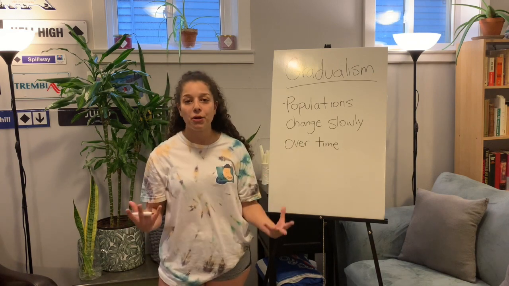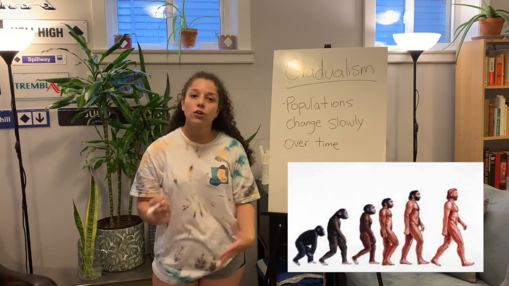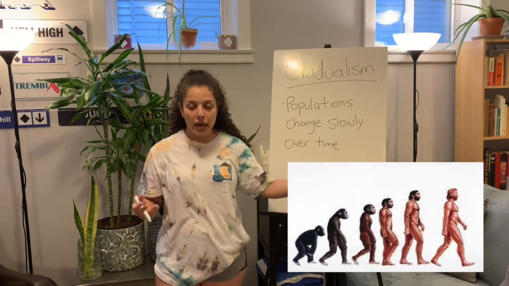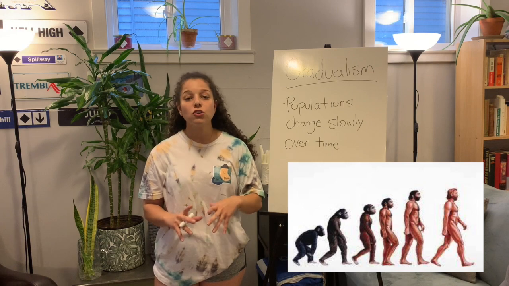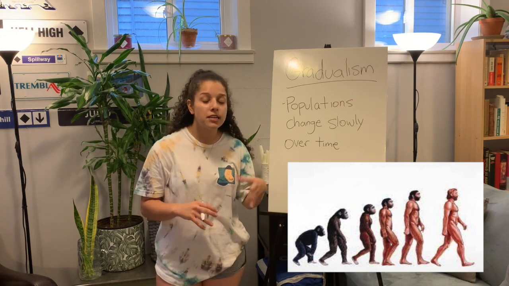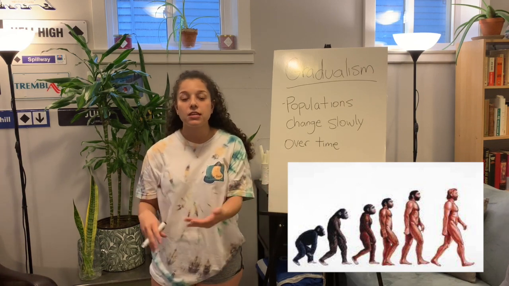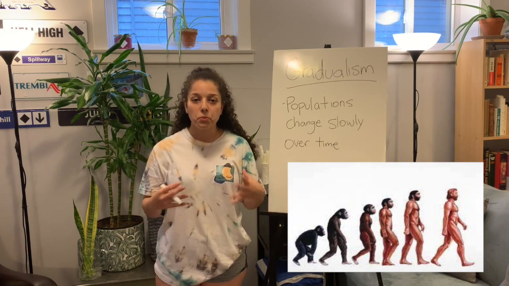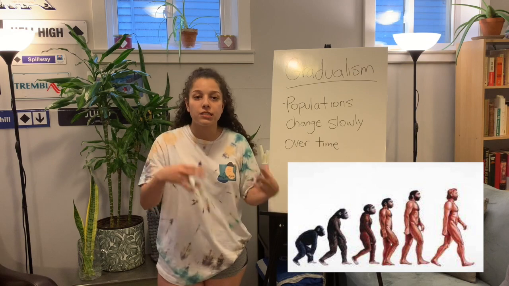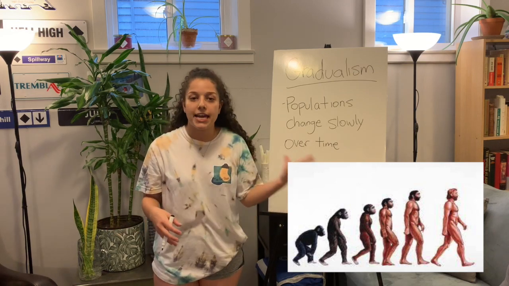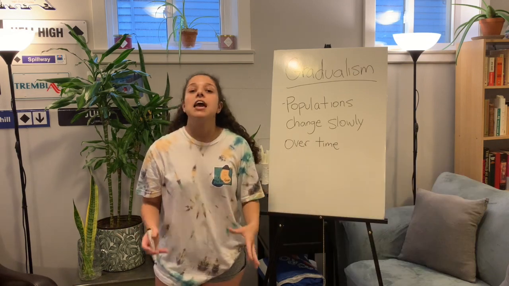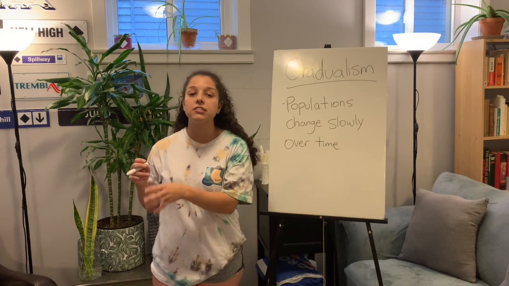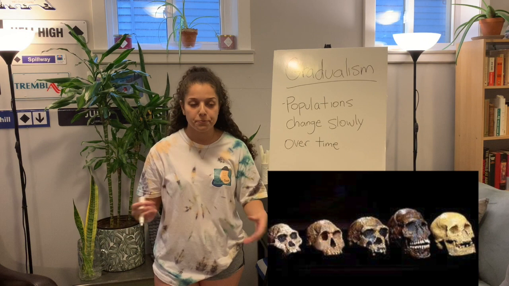So you can kind of think about this with humans and the concept that humans have evolved from similar ancestors to apes. So that's not to say that one day there were apes and then the next day there were humans. The concept of gradualism applied to that is that there were many forms in between the ape-like ancestors and human beings, and that we actually can see that those different pieces are within the fossil record.